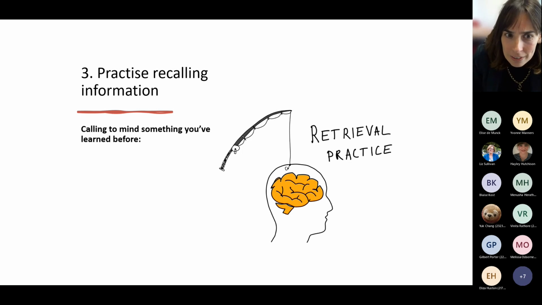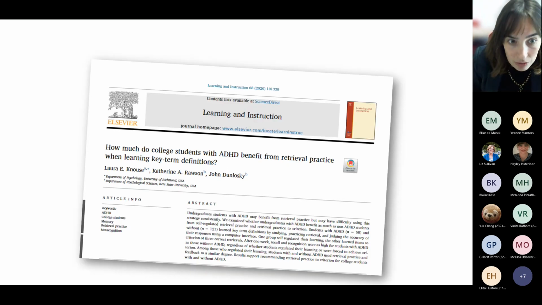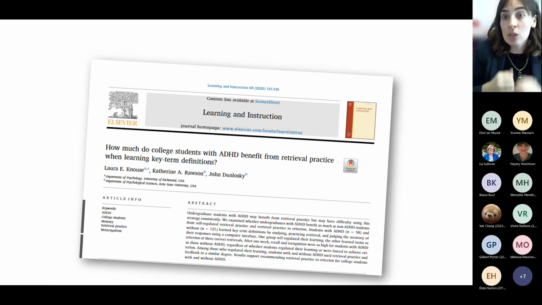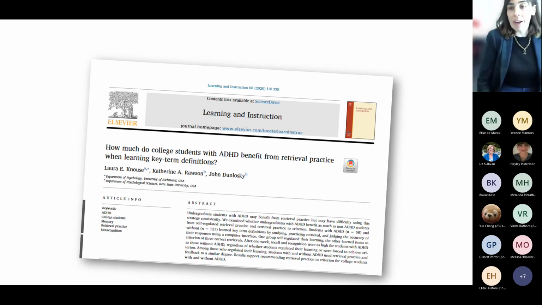So this strategy has been studied in students with ADHD. A couple of papers out, as I said, not the extensive body of work you'd hope for, but it's really promising. What it shows is that students with ADHD, on one hand, report using retrieval less than neurotypical students.